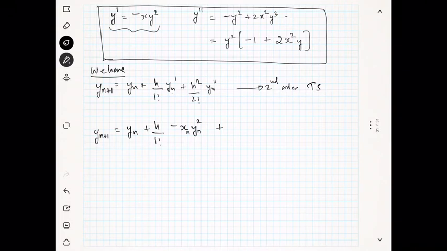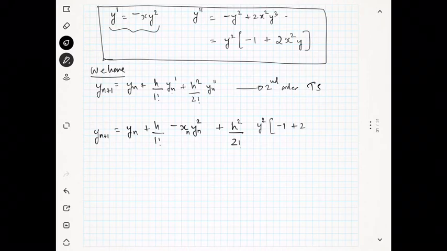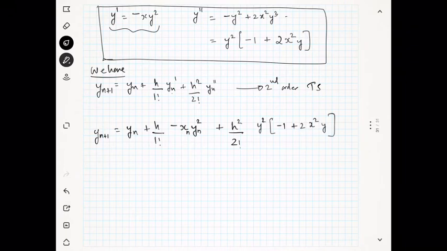Plus h square by 2 factorial into, we know we have to substitute here yn double dash, and y double dash we know, so we will just substitute here. This is y square into minus 1 plus 2 x square y, right?